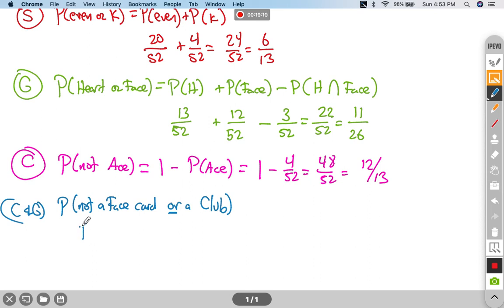So we're going to need the probability of not face plus the probability of club minus the probability of not face and a club.